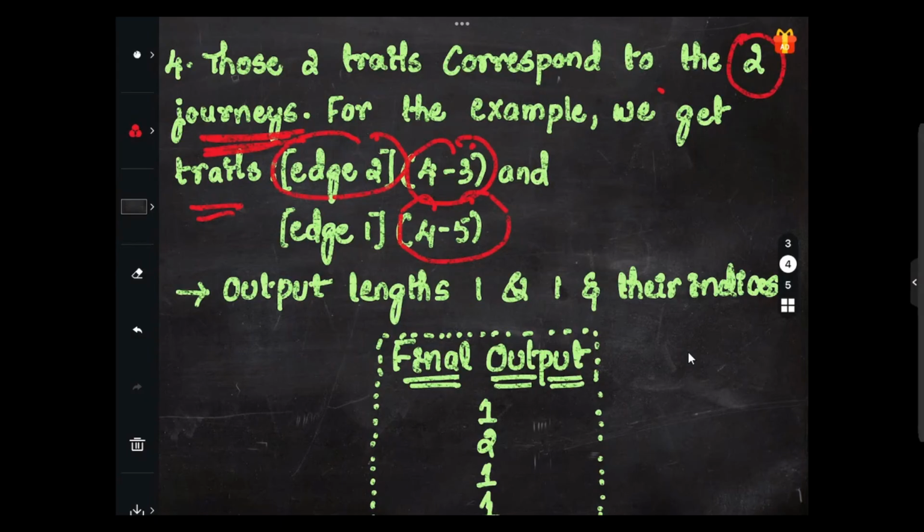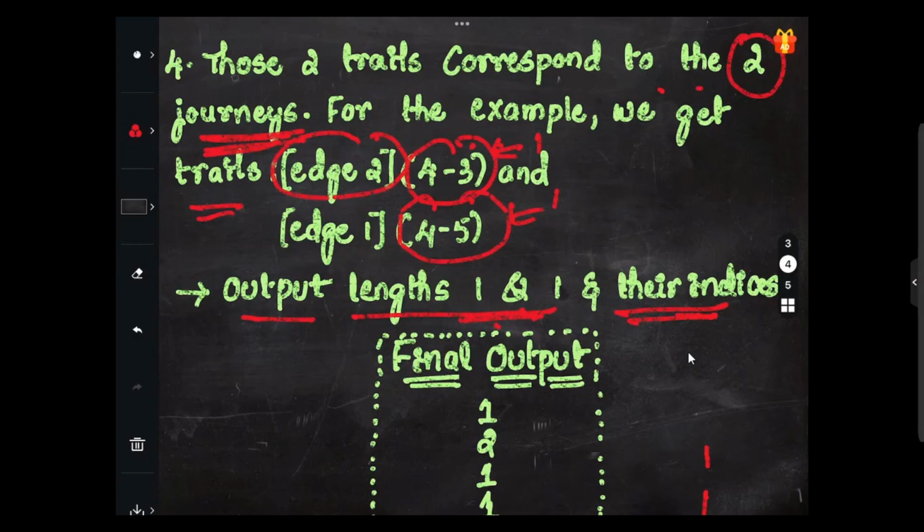We also have to output the lengths, which are 1 and 1, and their indices, right? The lengths will be 1 and 1 respectively.